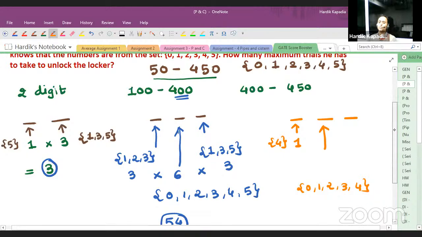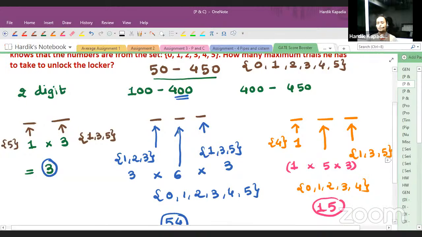So it goes beyond 450. So it is not possible. And for the last digit, obviously 1, 3, and 5. So for the first digit we have one way, for the middle digit we have 5 ways, and for the last digit we have three ways. So it is in 15 ways.